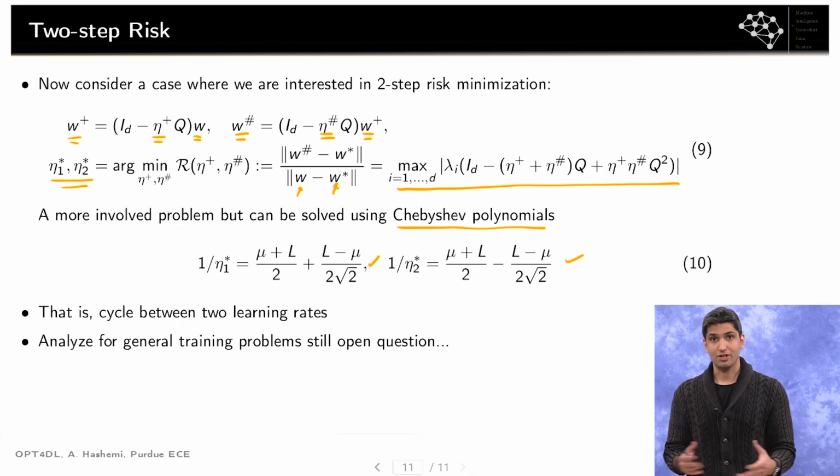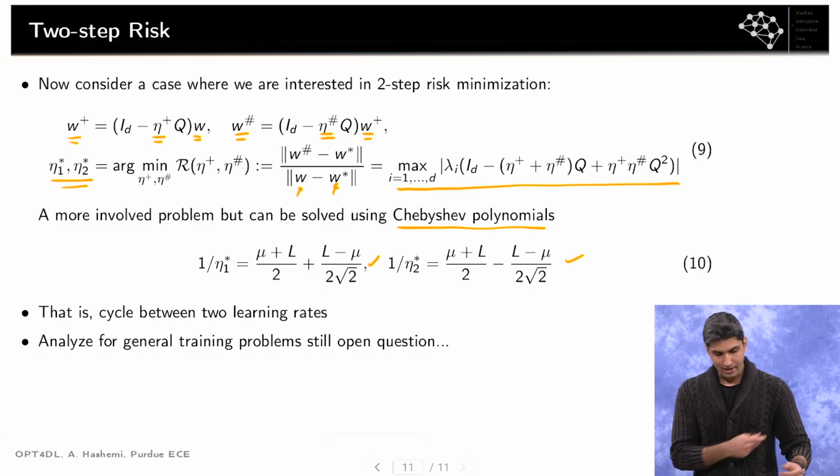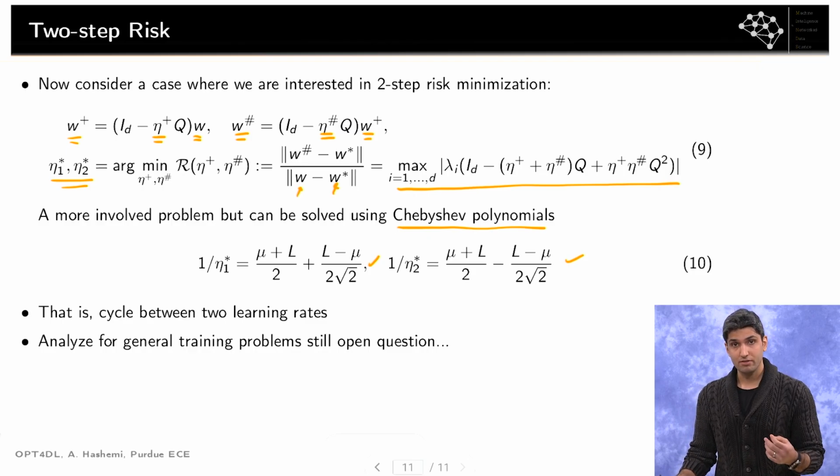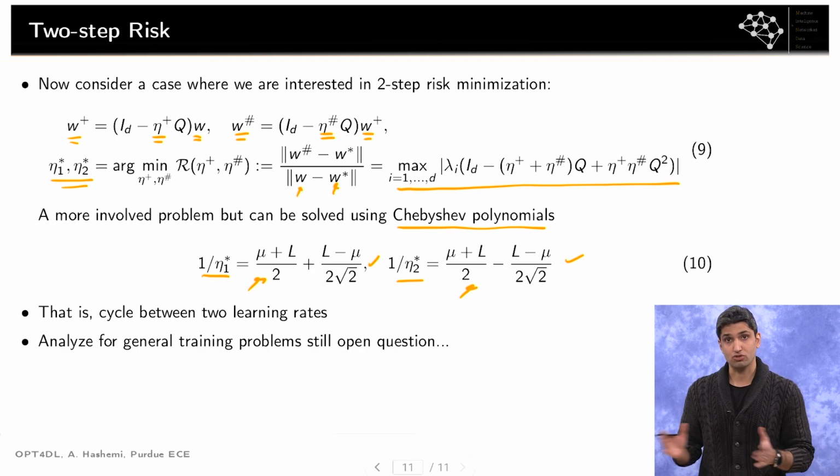As you can see, they are not the same. This suggests that if you are interested in minimizing the two-step risk, you should alternate between these two learning rates. For instance, you use this one and then that one, or the other way around. It doesn't matter. What matters is that you alternate.